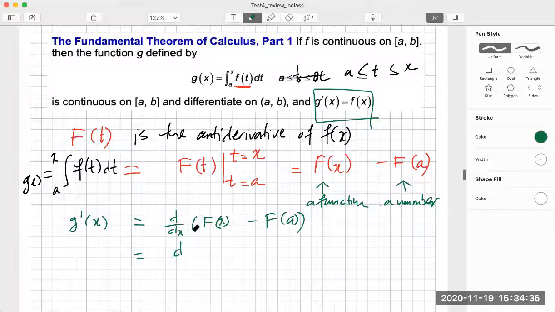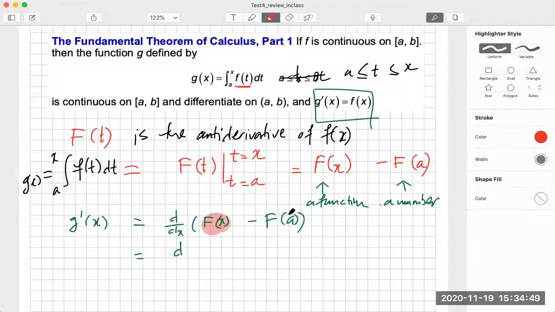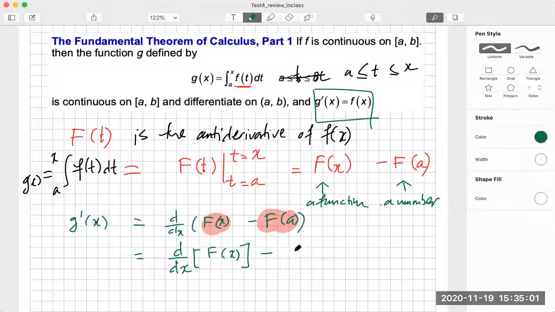But look at this here. Now we're computing the derivative of F of x minus F of a, right? This is the derivative of a difference from the properties of derivative. It will be the difference of the two things here, right? d over dx of F of x, subtract d over dx of F of a, right?